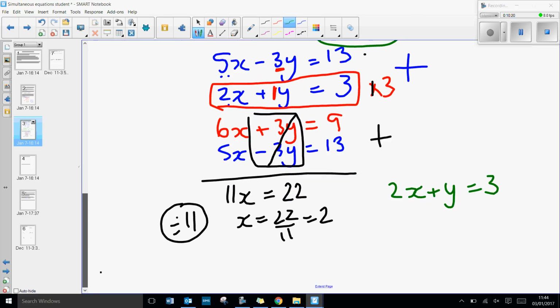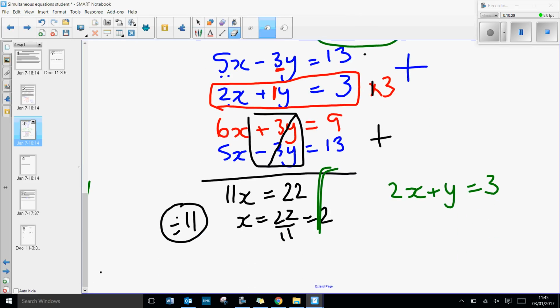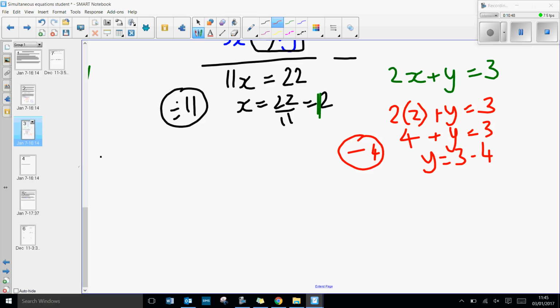But I know that x has a value of 2. So it's going to be 2 lots of 2 plus y equals 3. And then I'm going to subtract 4 from both sides. So y is negative 1.